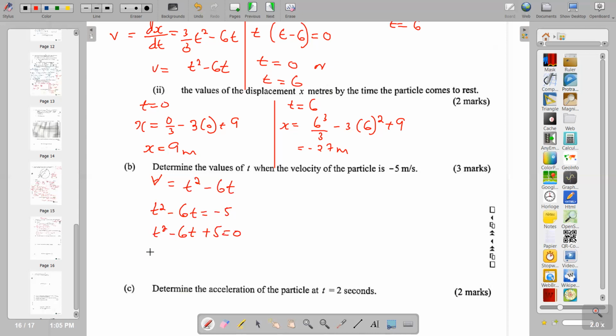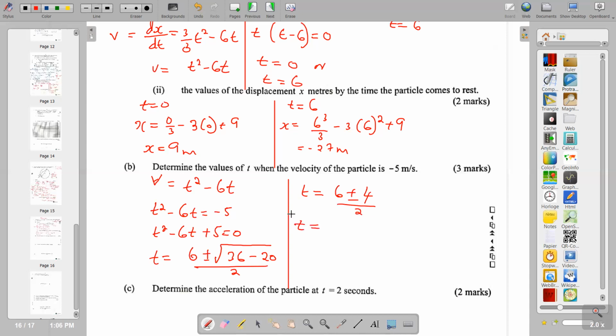Now this one is quadratic. So you have t is equal to 6 plus or minus the root of 6 squared minus 20, over 2. We're going to have t is equal to 6 plus or minus 4 over 2.